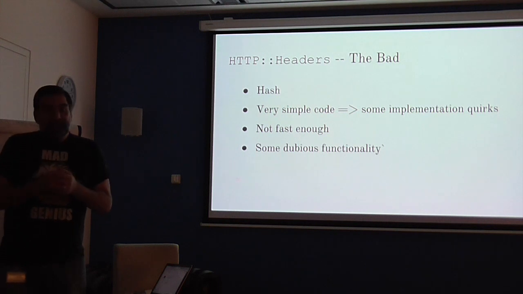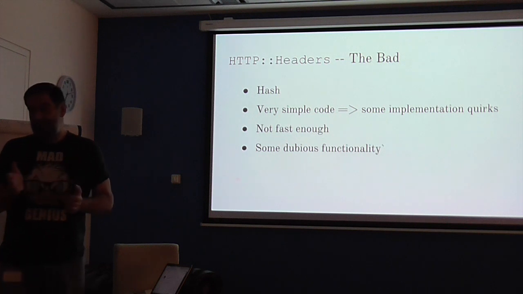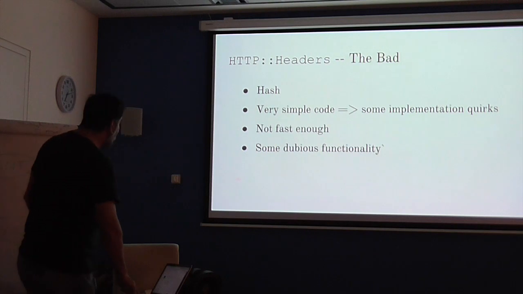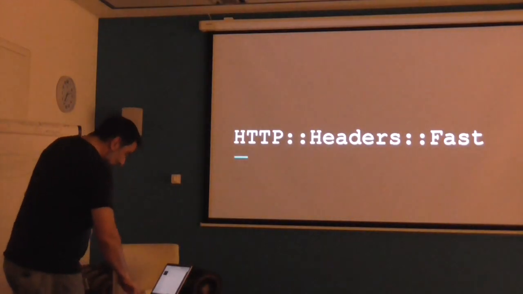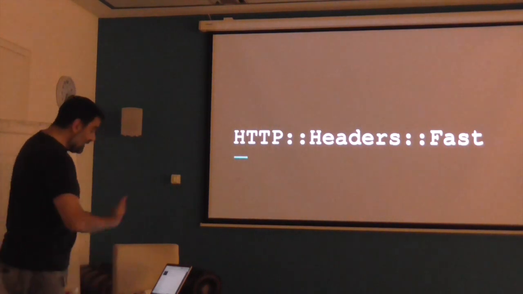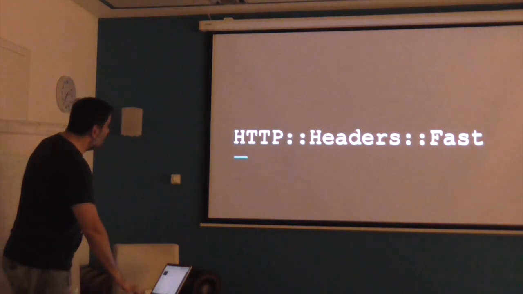Looks cool, but it's totally useless, and it's not used actually anywhere in CPAN. We actually did look, and so you wonder why it isn't there. So we were not the first to notice these things, and someone else created HTTP headers fast.